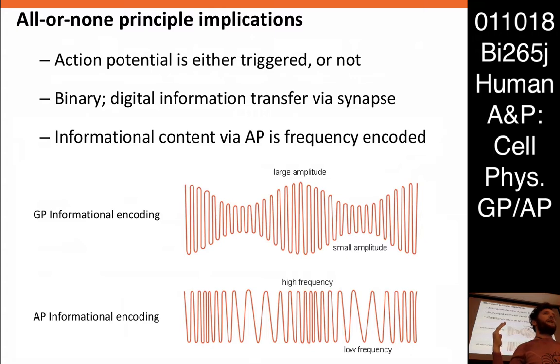And if that neuron wants to increase the intensity of its signal, it needs to increase the rapidity at which it's sending action potentials. Does that make sense? So with a radio signal, for example, you have some sort of carrier frequency. Perhaps this is the carrier frequency.